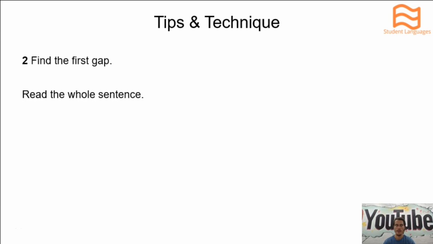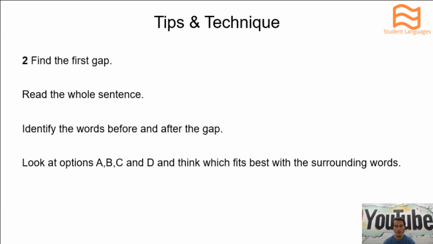Then you should read the whole sentence before and after the gap, identifying the key words and what type of words they are that are before and after the gap. Then you should look at options A, B, C and D and think which fits best with the surrounding words.